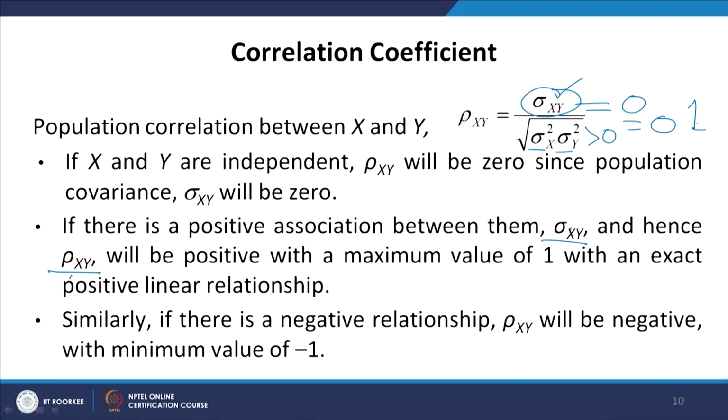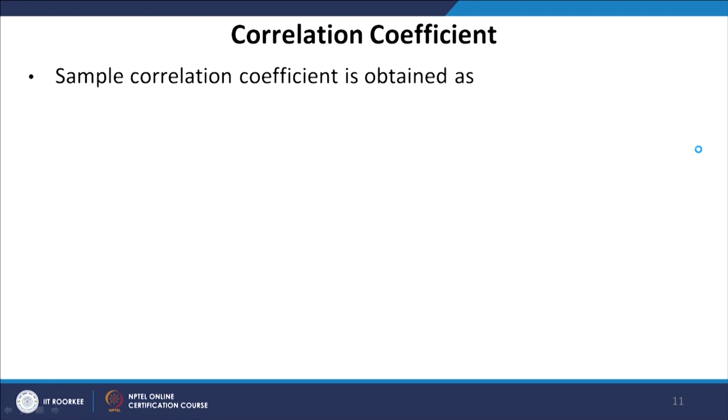If there is perfect positive correlation, then we will have a value very close to 1. If we have a perfect negative correlation, then we will have a value very close to -1. So, that is the range of values the correlation coefficient takes.